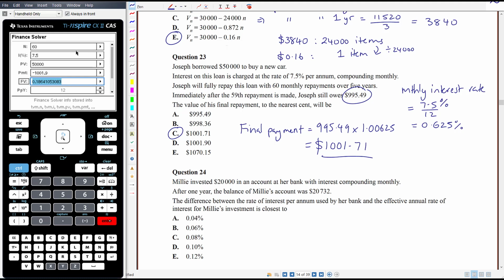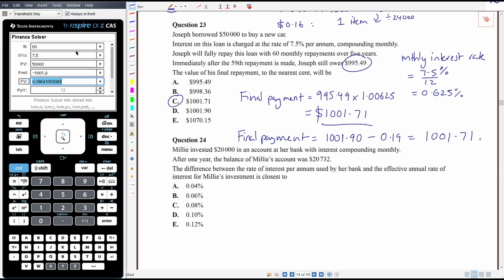So the final payment would be the regular payment of $1,001.90, take away the fact that if we were to pay $1,001.90 in the 60th month, we would have overpaid by 19 cents. So we're taking away the 19 cents, which is how we also get to $1,001.71. Okay. In this case, usually I would say Finance Solver is good for working out the final payment, but I actually think in this case, just adding on the interest to that last payment was probably the most efficient method.